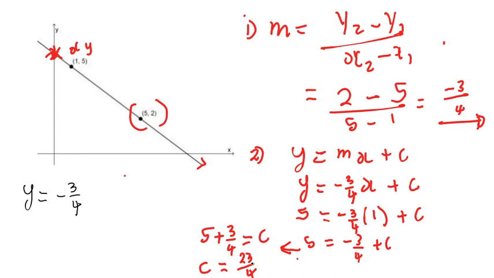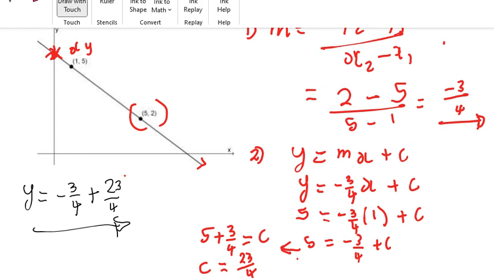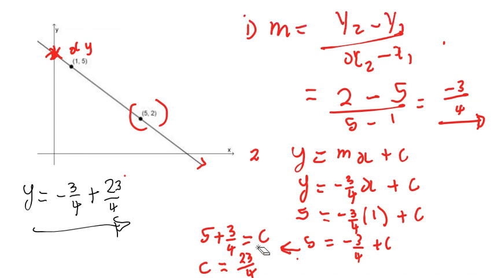Since our c was positive, as we solved here, you should put a plus 23 over 4. And this value, if you punch it in your calculator, is 5.75. So this is our equation. I hope you understand. Can we move on? Let me erase and get to the next question. Our next question was saying find the x-intercept.